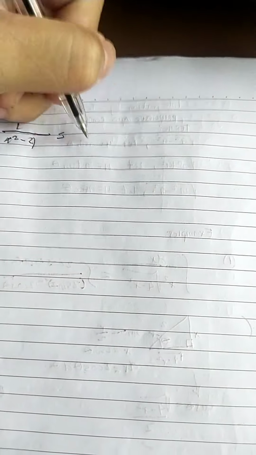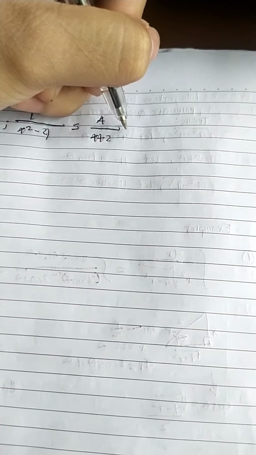And then we decompose into partial fractions. That is simply equal to a all over x plus 2 plus b all over x minus 2. Then we will solve for a and b.